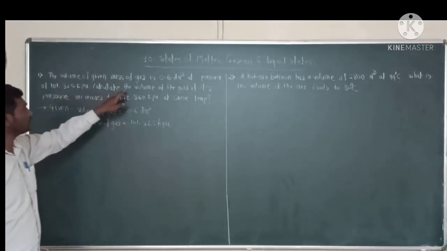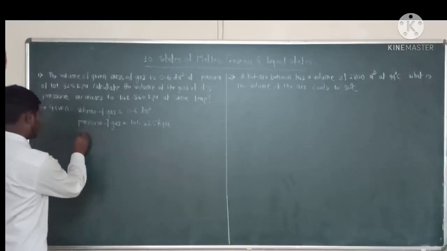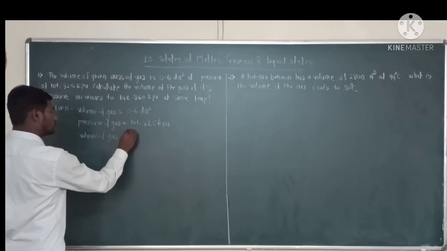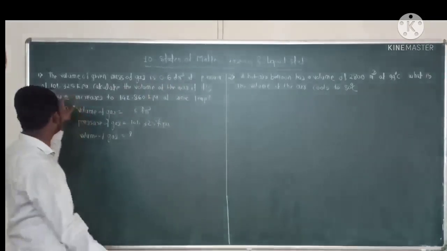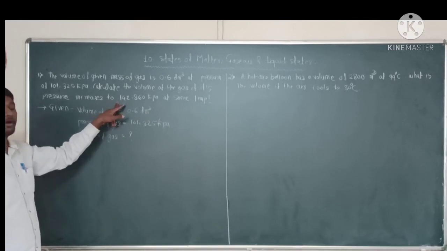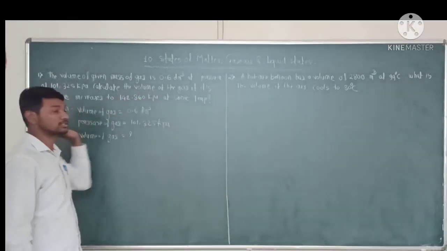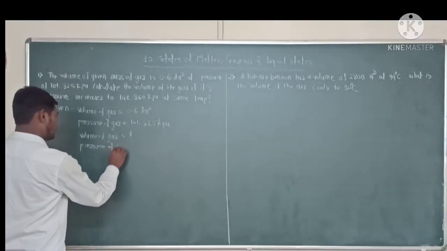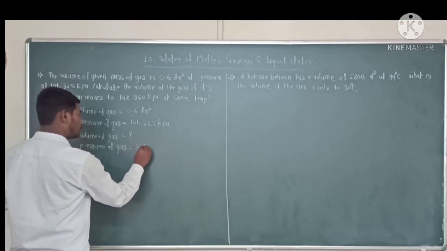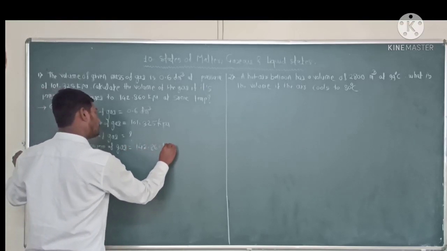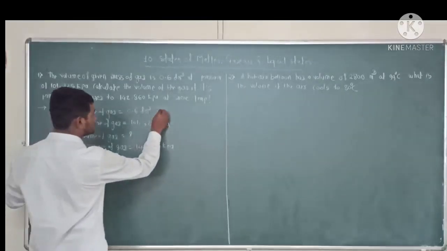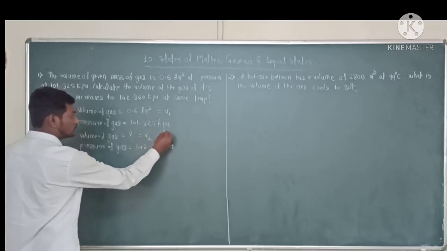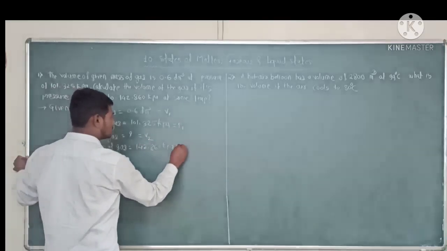Calculate the volume of the gas, that is the volume is equal to question mark, if its pressure increases to 142.860 kilopascal, that is the pressure is equal to 142.860 kilopascal. Now this is V1, this is V2, this is P1 and this is P2.